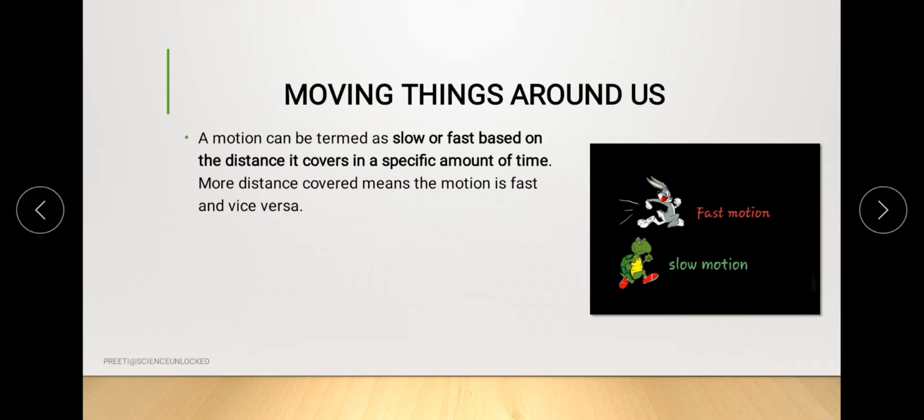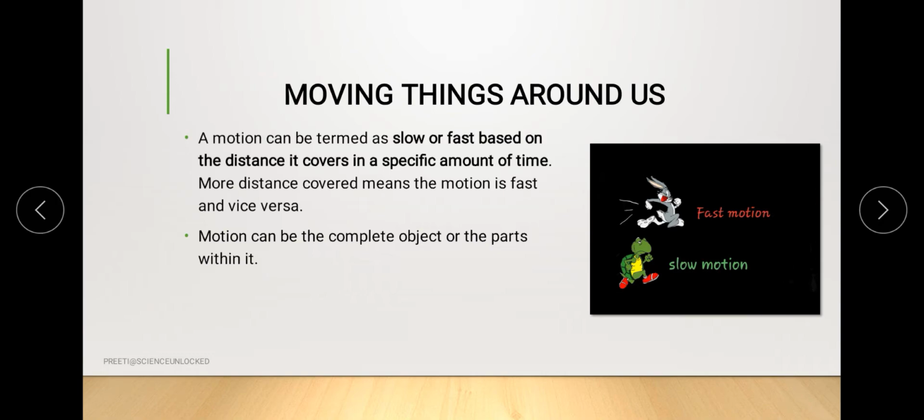Now, another aspect of motion is that it can be the complete object which is showing the motion, or it can be a part of it. For example, if you are observing a human passing by you, then you will say the man is moving, the woman is moving, the kid is moving.